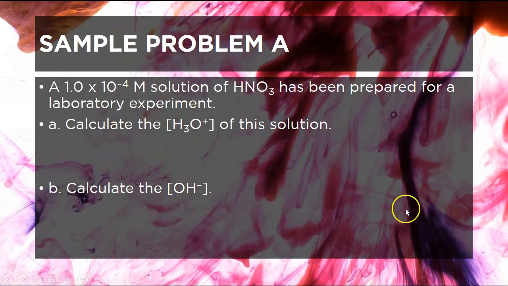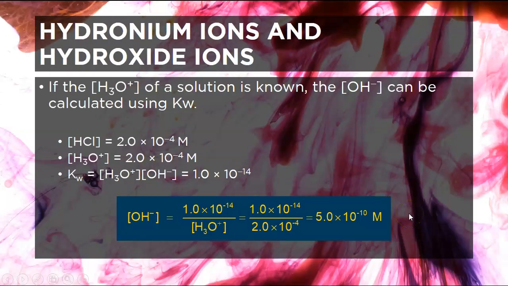Sample problem A. This is just showing me the reverse. If I know the hydronium concentration, I can do the opposite to find hydroxide. So if I know, for instance, that I have HCl, a strong acid that will completely dissociate, and my acid has a concentration of 2 times 10 to the negative 4th molar, that means my hydronium will have a concentration of 2 times 10 to the negative 4th molar.